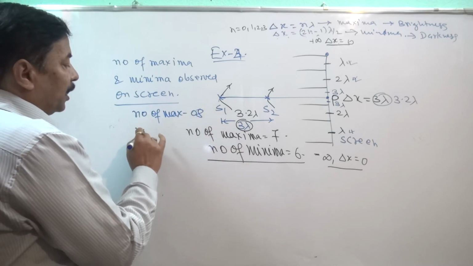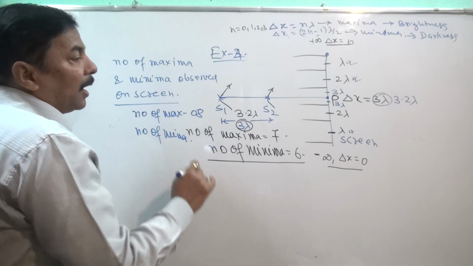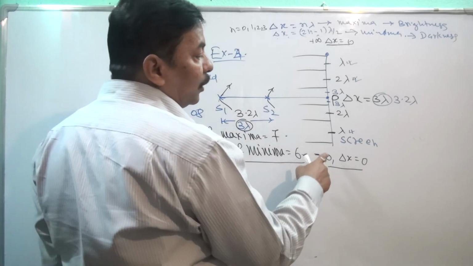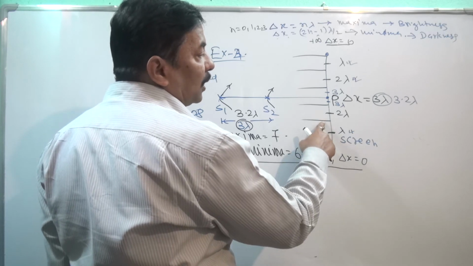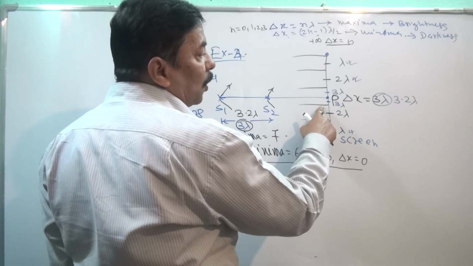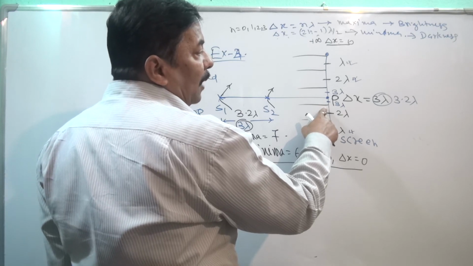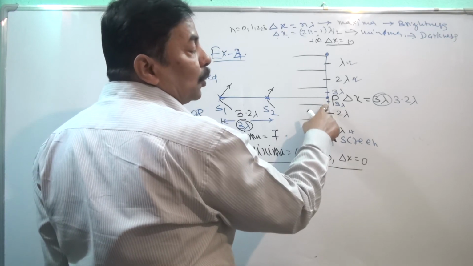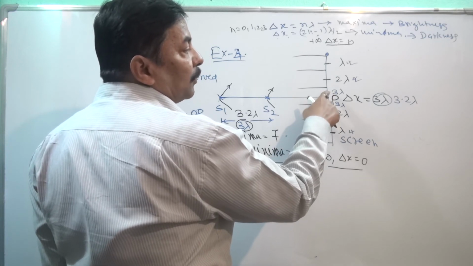And the number of minima? Here also odd multiples of lambda by 2 between 2 and 3. And between 3 and 3.2 there is no odd multiple.